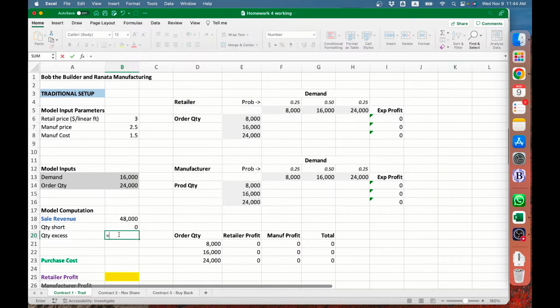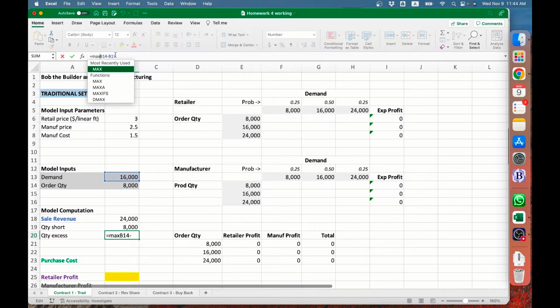And then quantity of excess is going to be the reverse. It's going to be the order quantity minus the demand, right? That's how much excess we have. So we have 8,000 excess. So what if our order quantity was 8,000 and demand was 16,000? Then excess is showing negative 8,000, which is not correct because you can't have a negative excess. So we're going to do the same trick.